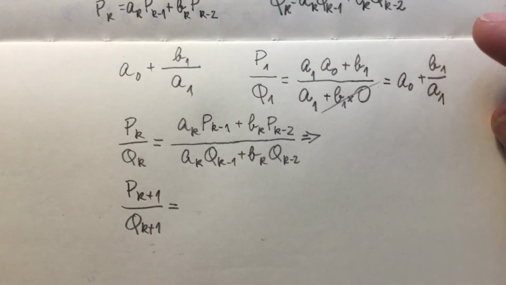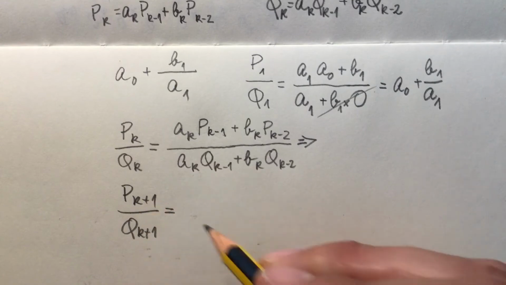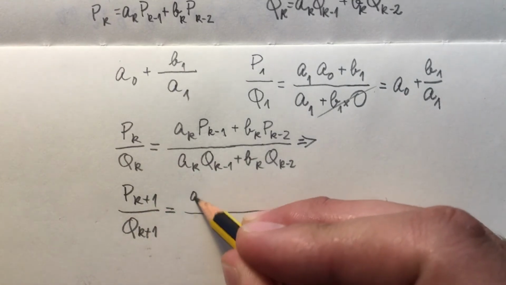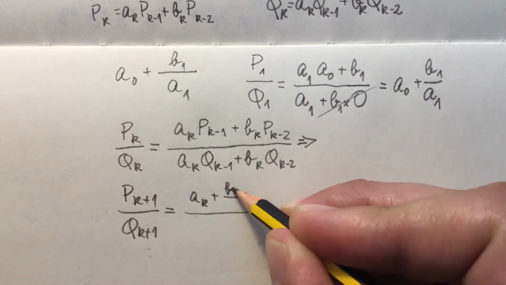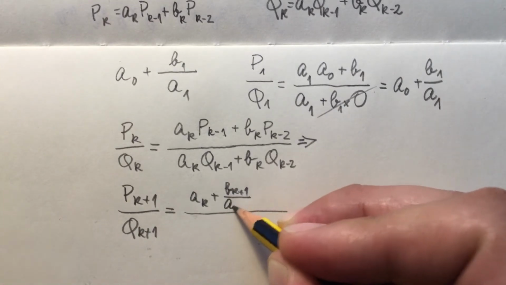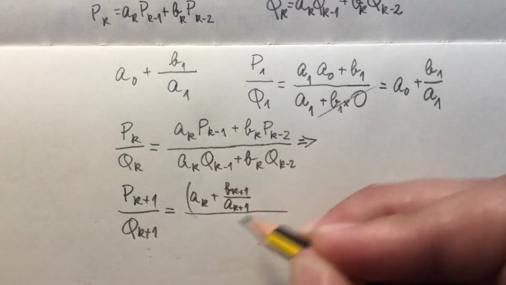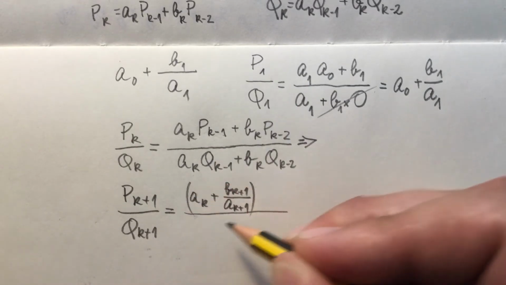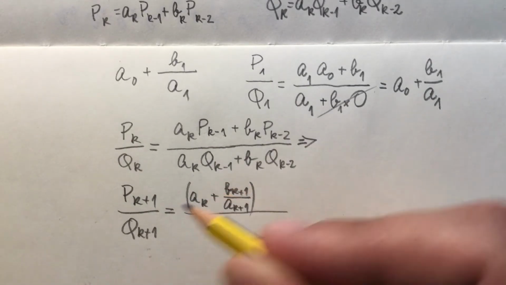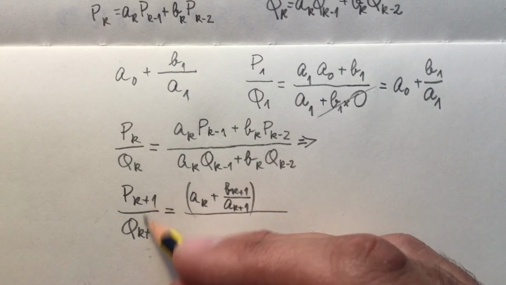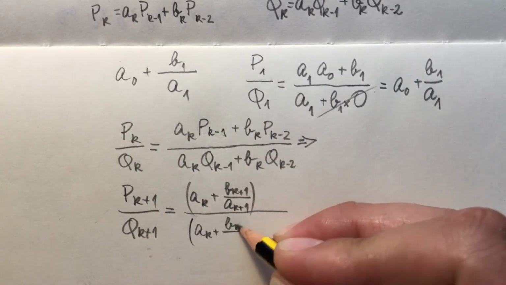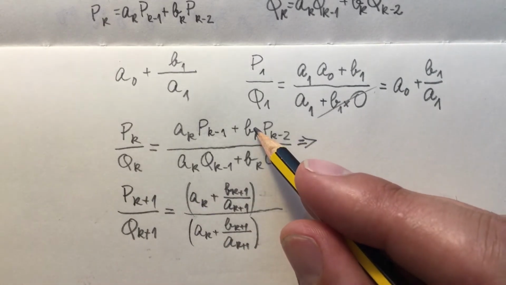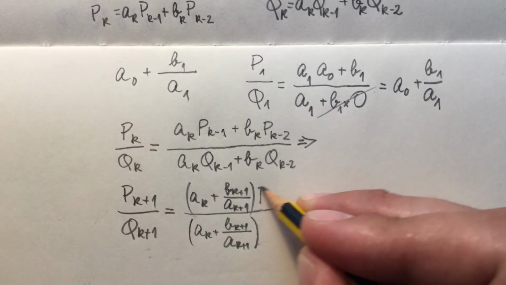Consequently, here, this new approximation will be ak plus bk plus 1 divided by ak plus 1. This will be our new value because I increased one level downwards. The same goes here, of course. No change is needed in bk, so we are left with the following.